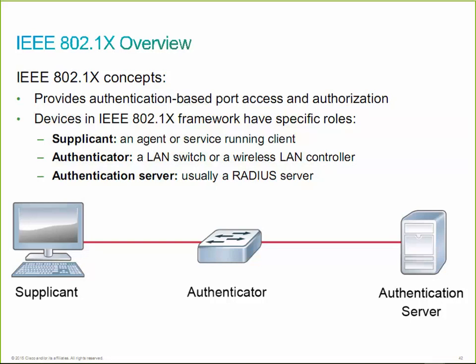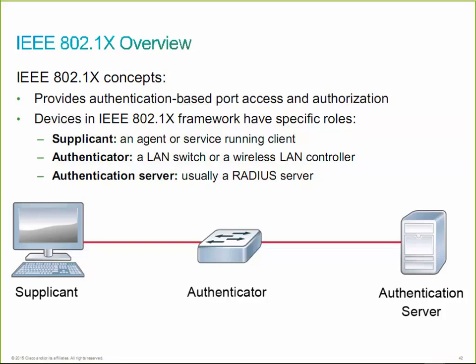In any event, the supplicant itself needs some sort of agent or service running on the operating system that supports this 802.1x authentication. Most devices have this supplicant built in natively, or you can add a third-party supplicant like AnyConnect, the mobility client from Cisco.